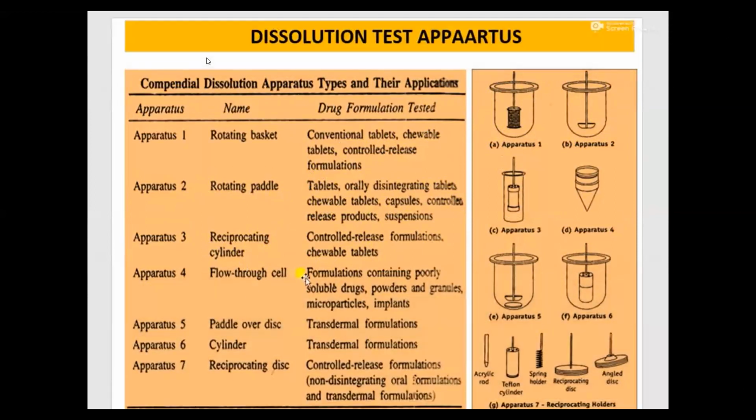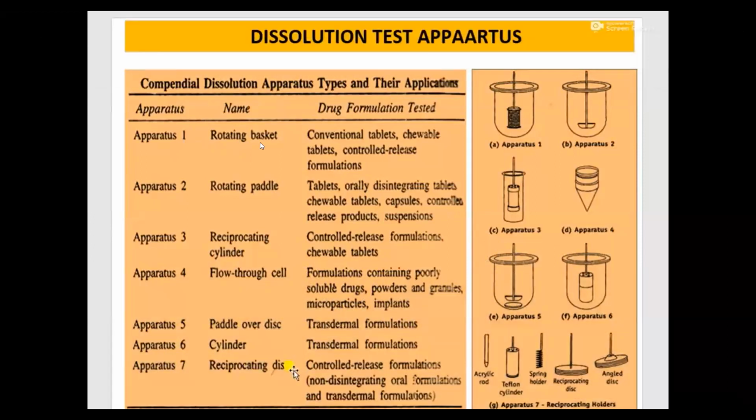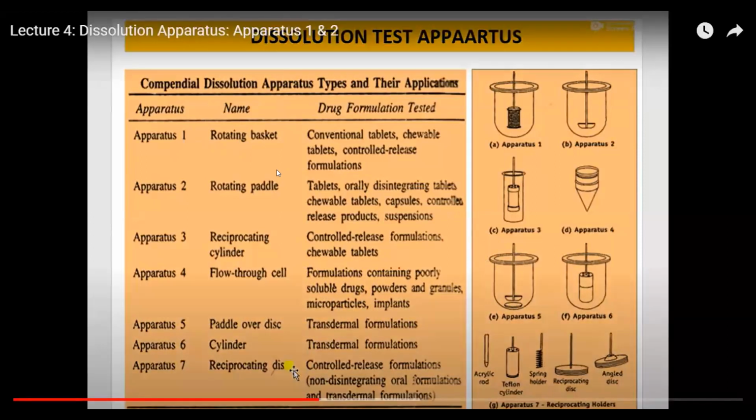Apparatus 4 is flow through cell for formulations containing poorly soluble drugs, powders, granules, microparticles, and implants. Apparatus 5 is known as paddle over disc, useful for transdermal formulation. Apparatus 6 is also useful for transdermal formulation, used as cylinder. And apparatus 7 is reciprocating disc, useful for controlled release formulations, non-disintegrating oral formulation, and transdermal formulations.